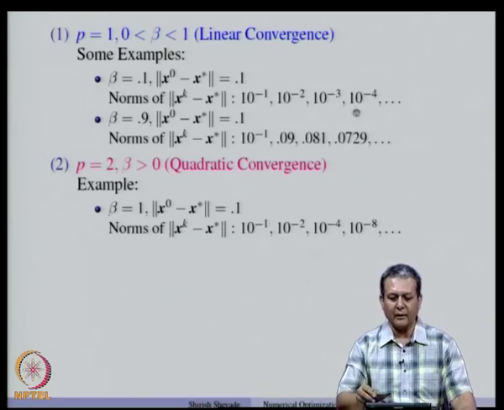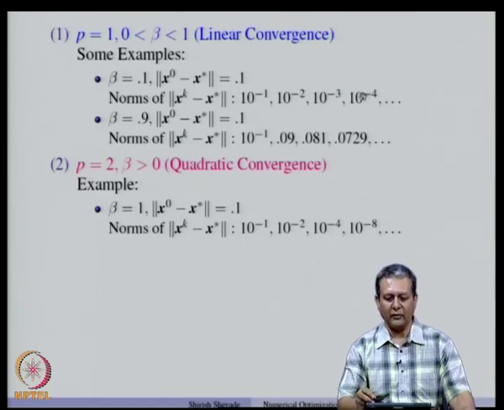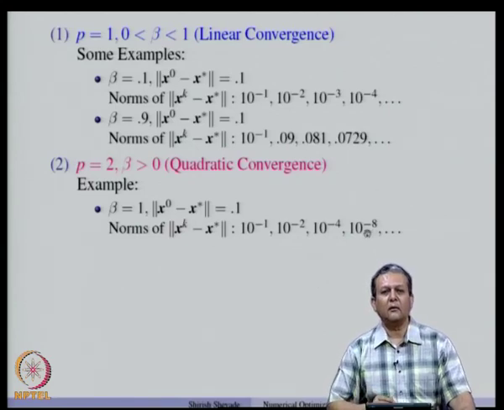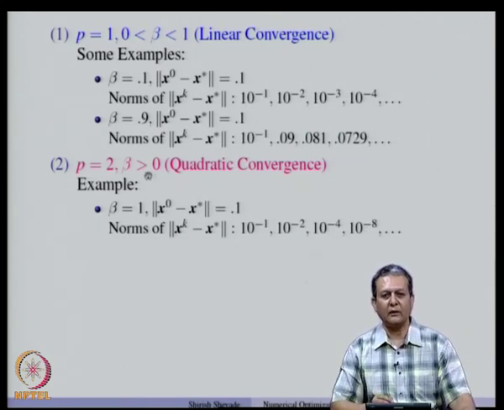Now, we can compare the 3 cases which are given here, and clearly this is the faster rate of convergence compared to this, and this is faster compared to this. So, clearly the quadratic convergence gives a faster convergence, provided beta is greater than 0.